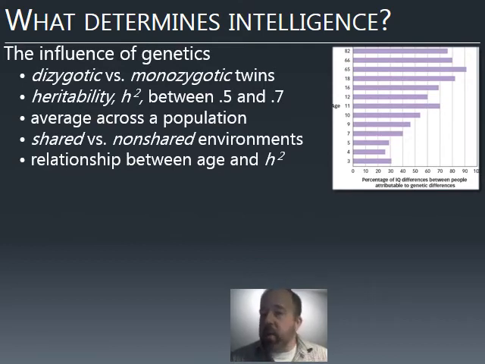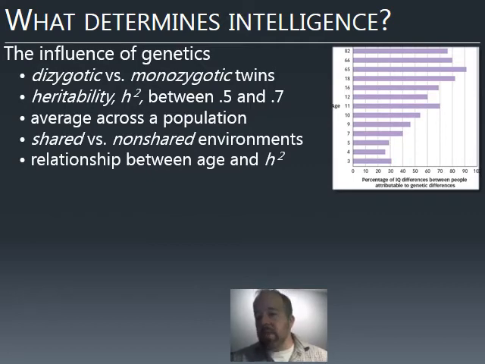So environment plays a bigger role in explaining intelligence at that age. Older adults, however, have more of their intelligence differences attributable to genes because they tend to have more similar environments. And again, this highlights what heritability can say and what it can't say.